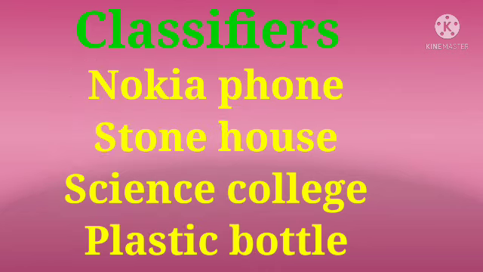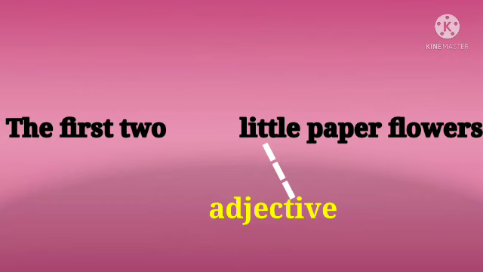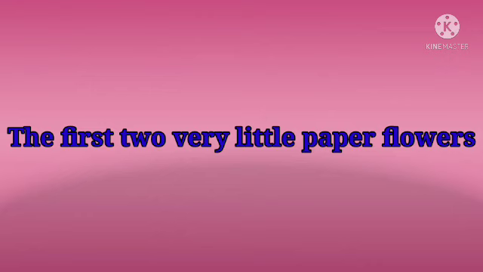You see, these are small flowers. So we can modify the adjective here. We can say the first two very small paper flowers. So the word very that intensifies the adjective is called an intensifier. So our noun phrase now becomes the first two very small paper flowers.